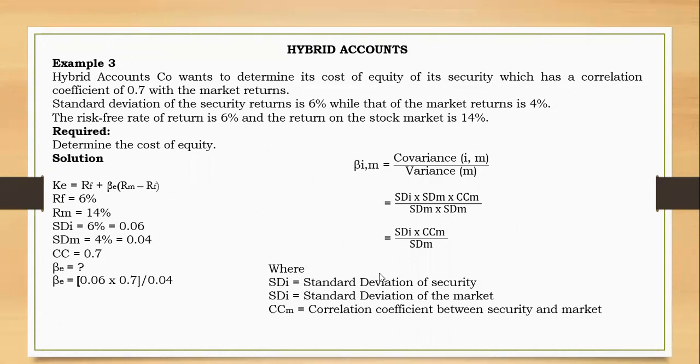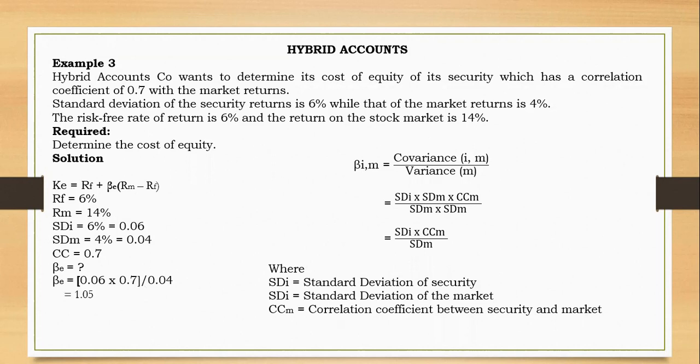To obtain the equity beta, I take the standard deviation of the security, which I was given here as 0.06, times the correlation coefficient between the security and the market, which was 0.7, divided by the standard deviation of the market, which is 0.04. If you do that, I would end up having an equity beta of 1.05.